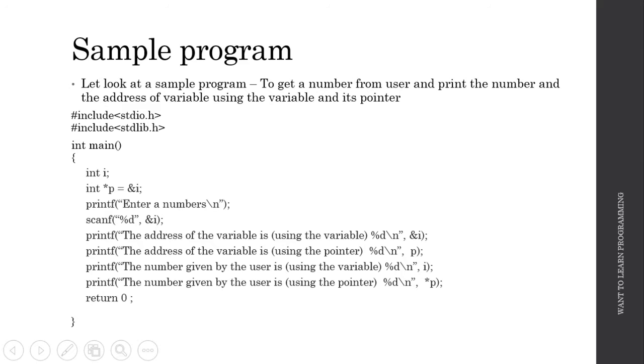Next, let's look at what a null pointer is. Before that, I recommend that you execute this program in Code Blocks to check how variables and their pointers function. Next, we move to the null pointer. A null pointer is a pointer which is not pointing to a variable yet.